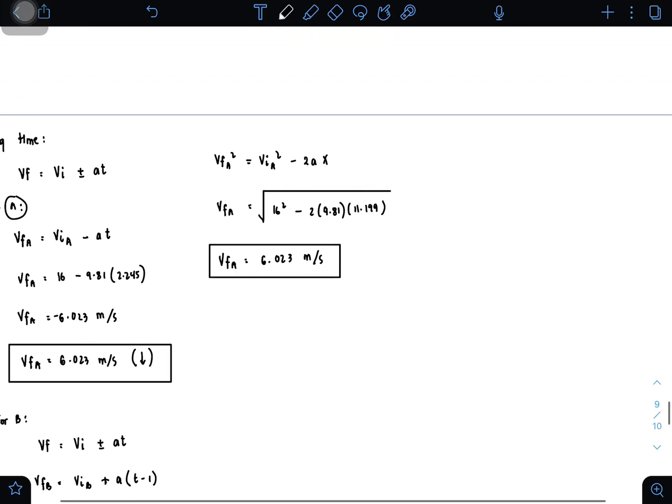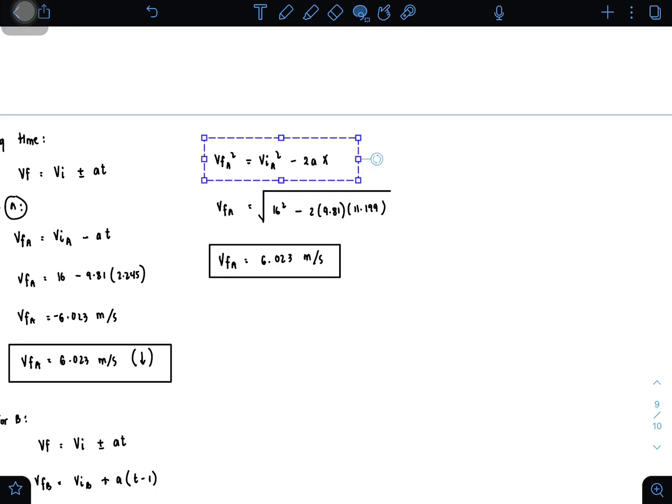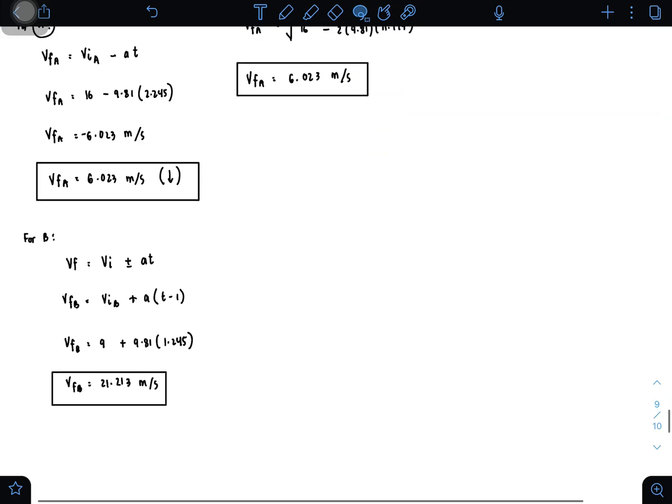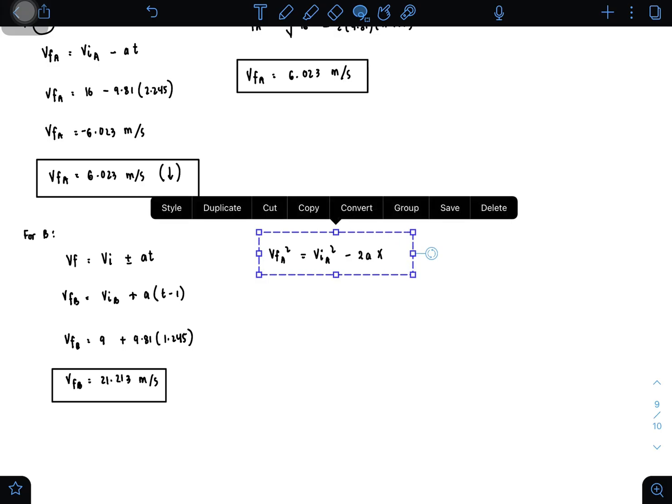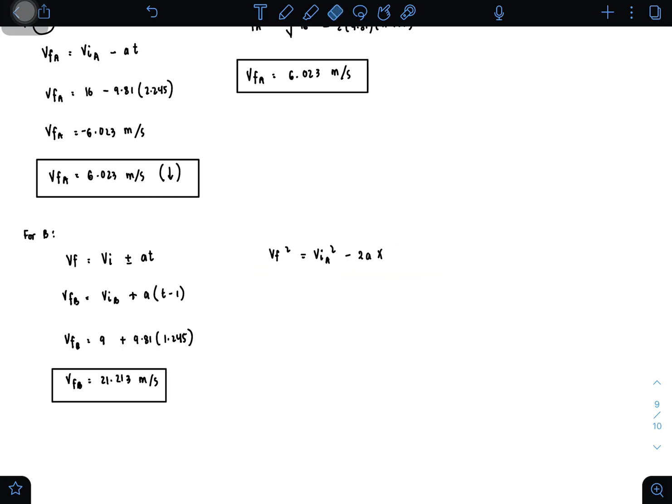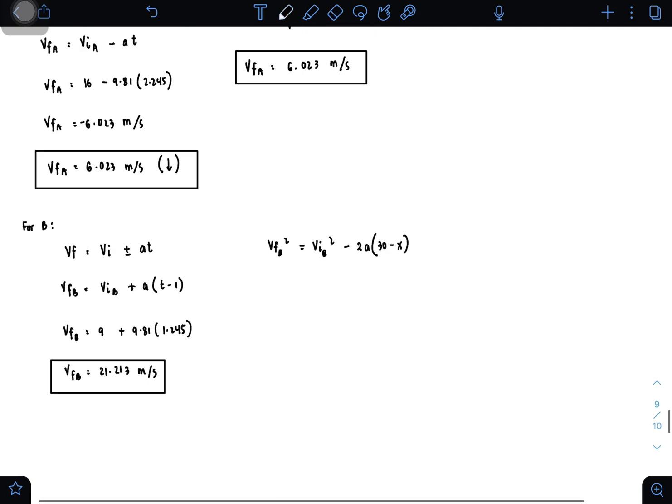And if we're gonna use this formula, this one, then be observant, no? Okay, we will be using this subscript B, and that one, and the x here is not x anymore, or the distance is not x anymore, but 30 minus x.